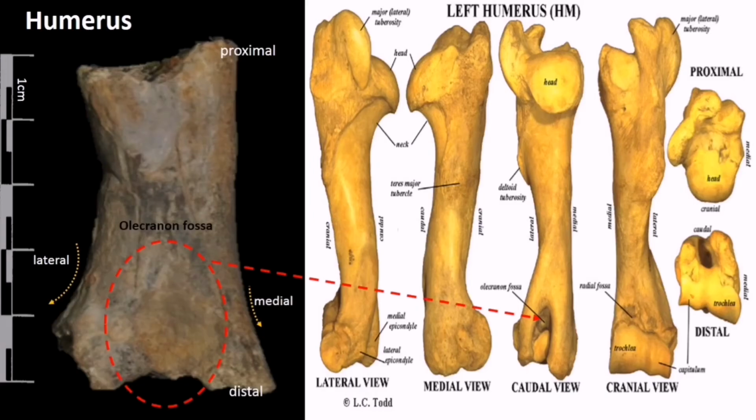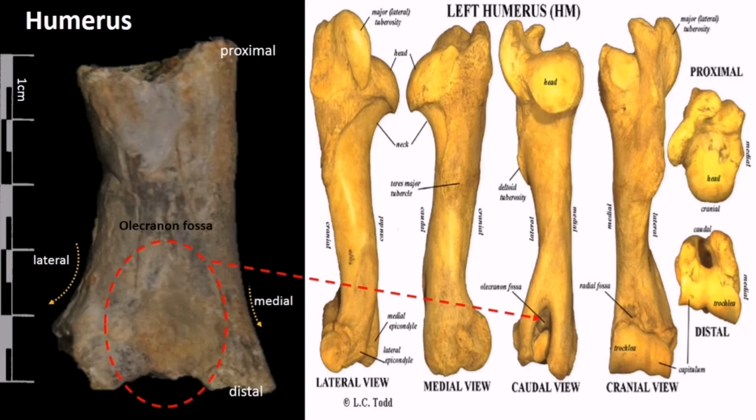Well, let's start. Humerus. The humerus that was presented to me was about 5 centimeters in length. I forgot the circumference, the diameter. How do I know it was a humerus?